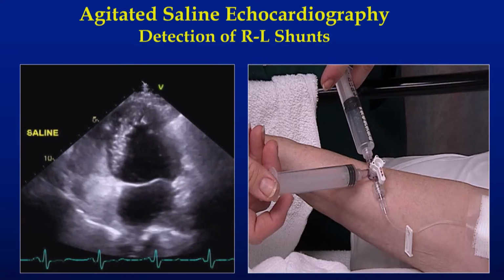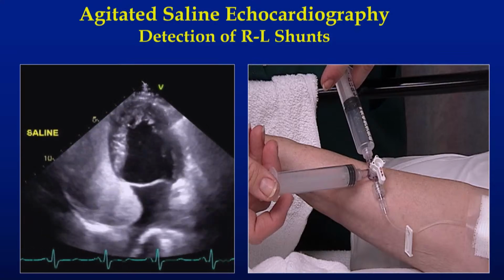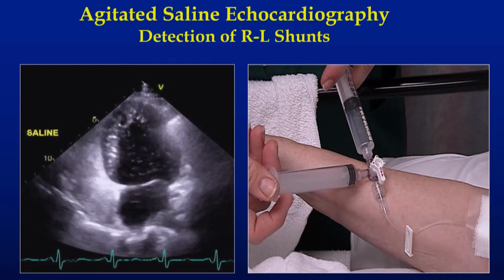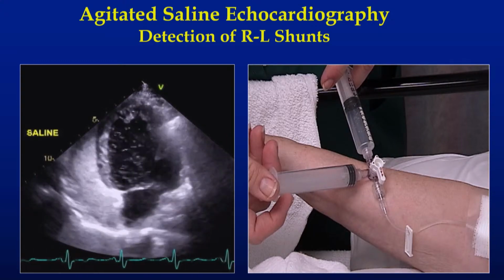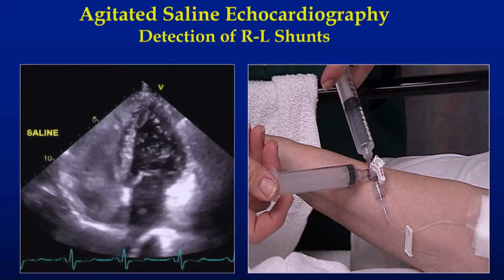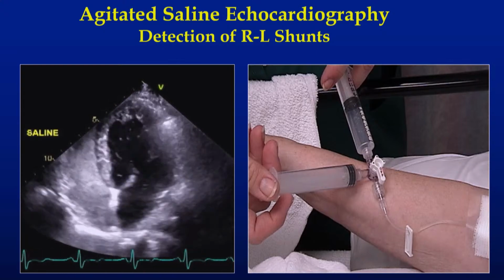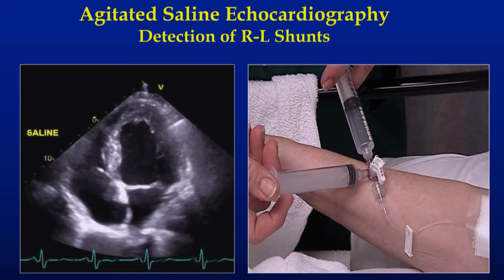They can be initiated by just agitation of saline or any other solution. And the size of these bubbles is about 10 microns, and could be more, could be a little less, but certainly larger than red cells.